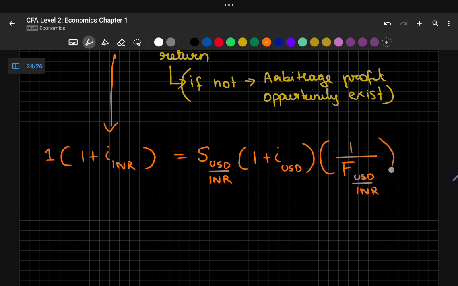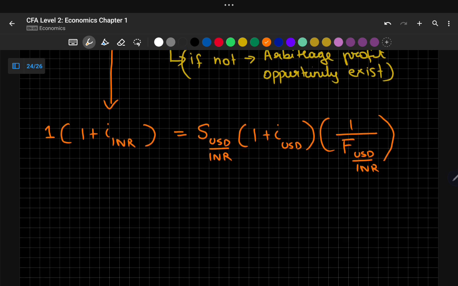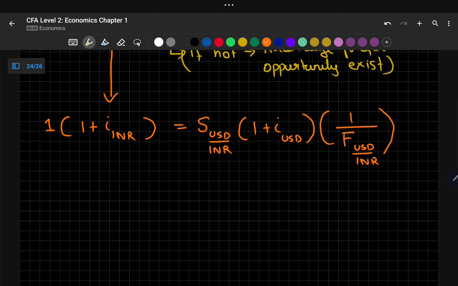Okay. So for a 1 year, 1 rupee investment, this is how the equation would look. But the reason this equation looks so simple is because the investment period is also taken as 1 year, right? So this has an investment period of 1 year.